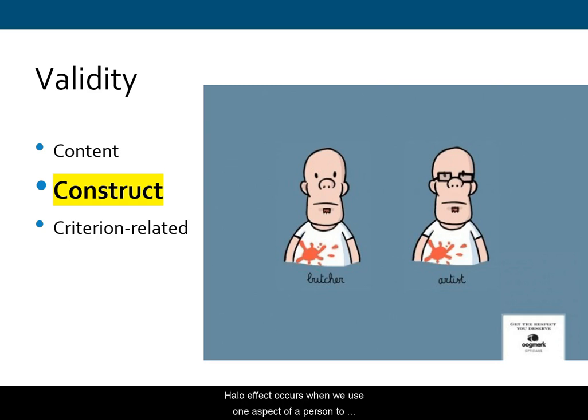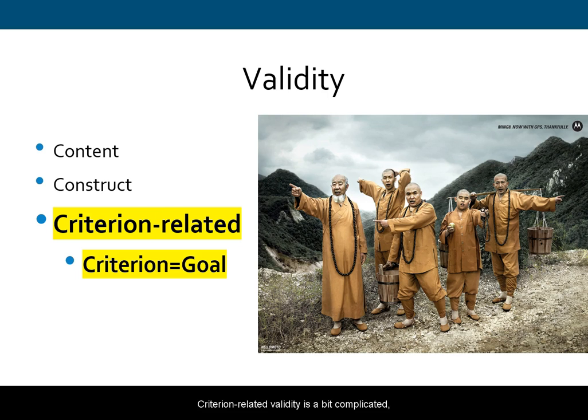Halo effect occurs when we use one aspect of a person to represent the whole person. For example, we might think people with glasses are smarter than those who don't wear glasses. Appearances, like the brain size, doesn't have construct validity in measuring intelligence.